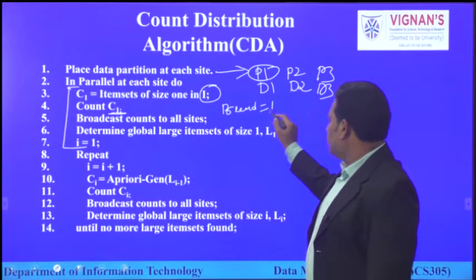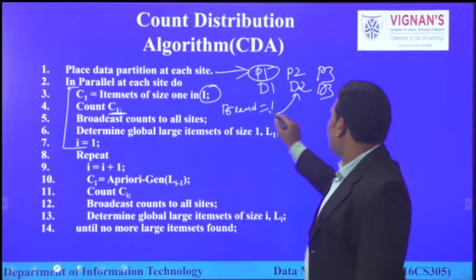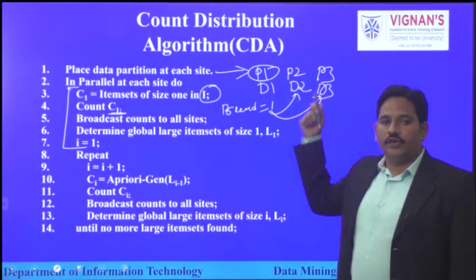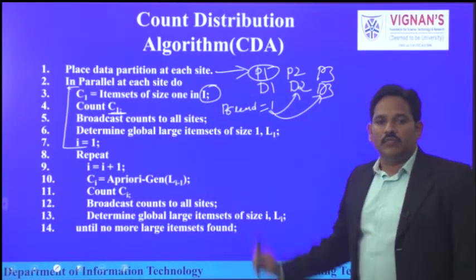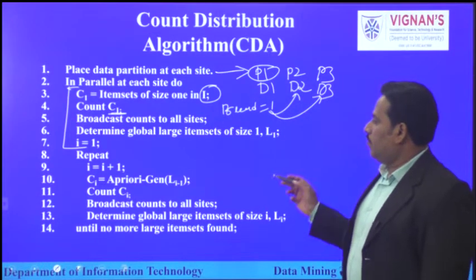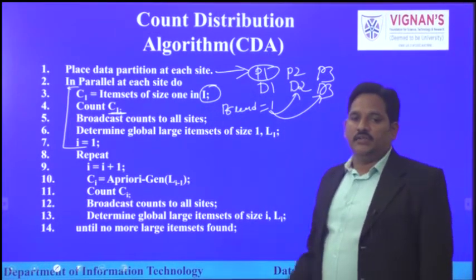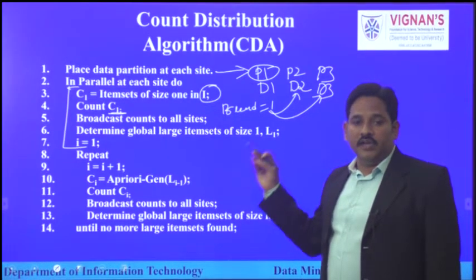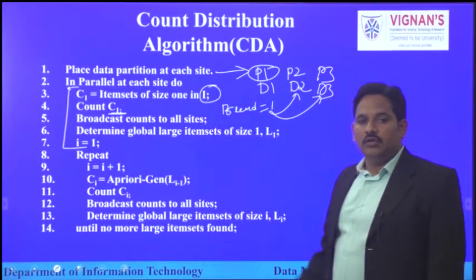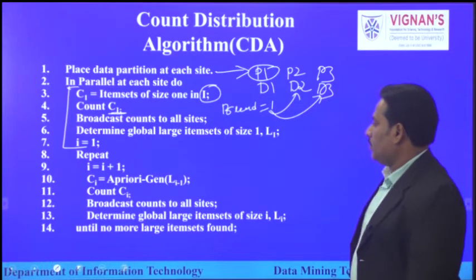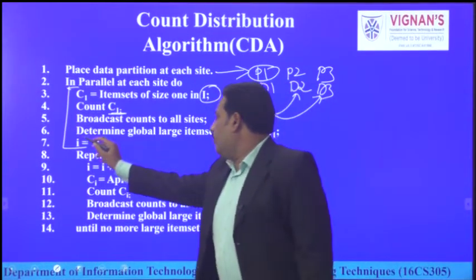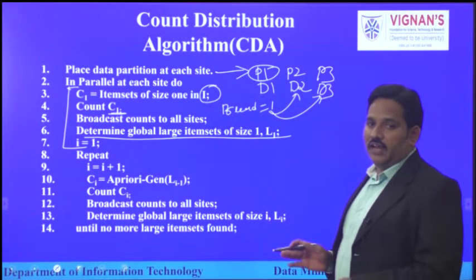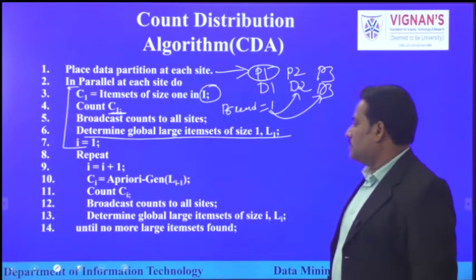Now distribute this count to the remaining 2 partitions, so that the cumulative count is obtained for the item called bread. So here we are creating item sets, taking the count of them, and communicating that count to all the other partitions. Determine the global large item set of size 1. Whichever has the larger count will be taken into consideration.